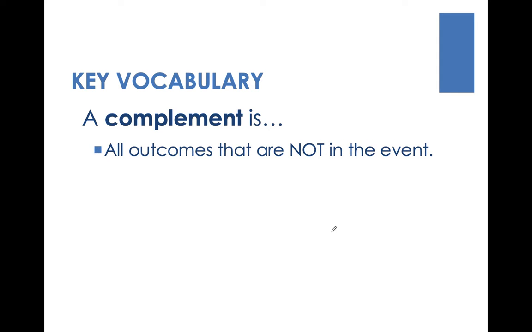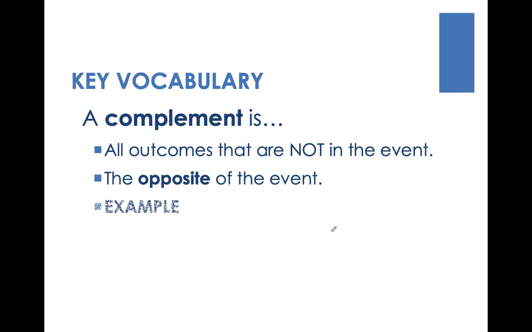Lastly, we can discuss the complement of an event. A complement is any outcome that is not in the event itself. More easily described as the opposite of the event. Here's an example. Let's say you roll a number cube or a die.